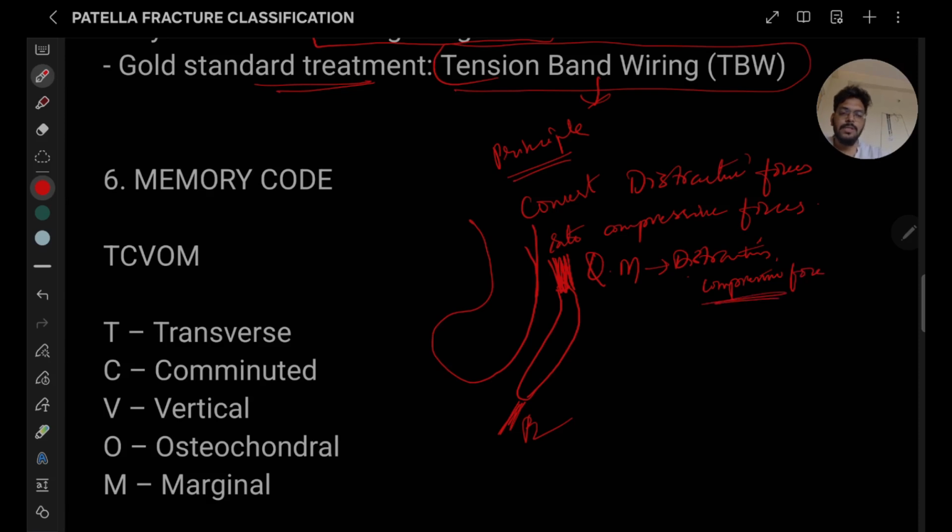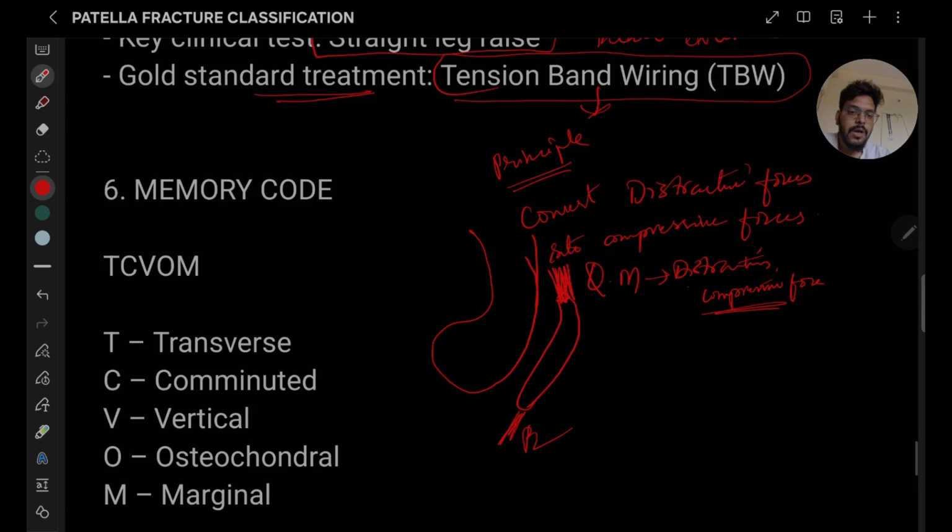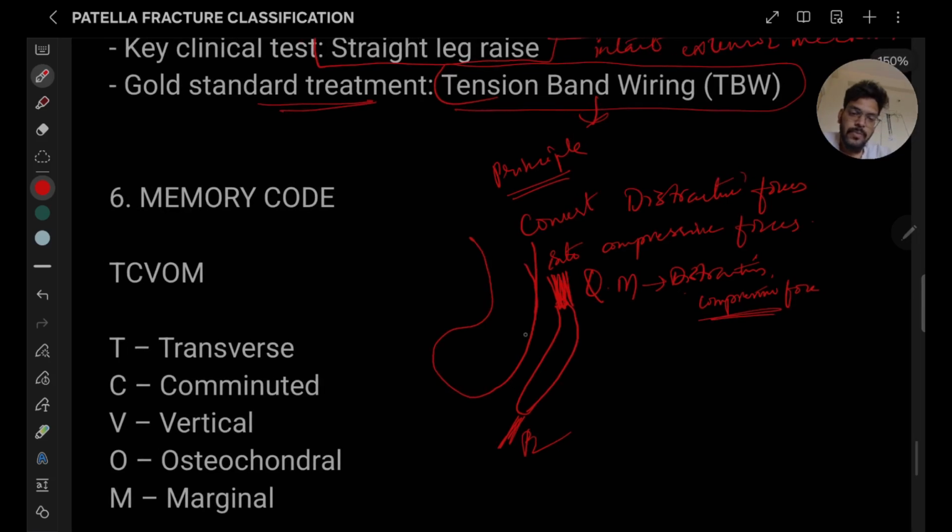I divide the patella into articular and non-articular surfaces as areas of compression or distraction. In a transverse patella fracture, the first distraction occurs at the non-articulating area, so this acts as a compressing area and this acts as a distracting area.